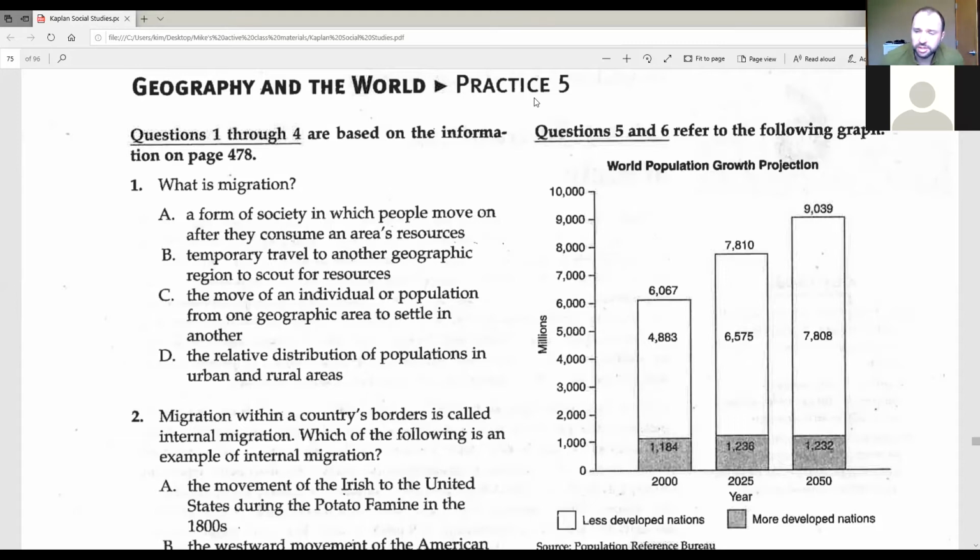So remember, we didn't specifically talk about migration, but when we talked about migrant versus native, native populations are people that were born there and raised there and still live there, and migrant populations are people that have come from somewhere else.